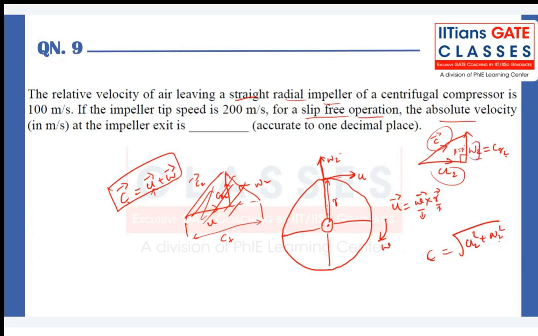So you put that in. U2 is given as 200 meters per second and the radial velocity is also given as 100 meters per second. If you put that in, you should get 223.607 something, but they're asking for accuracy to one decimal place. So it is going to be 223.6 meters per second.